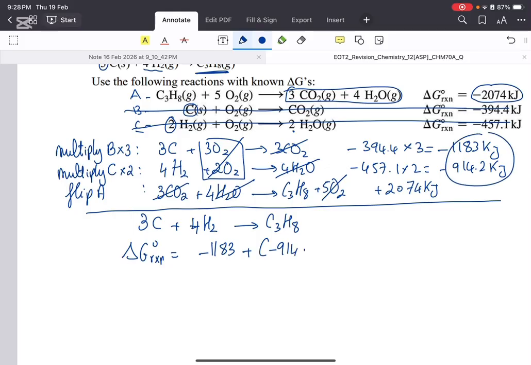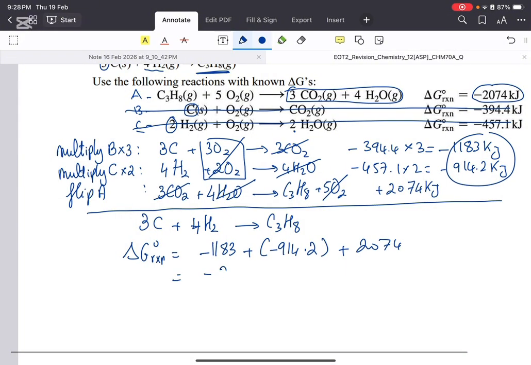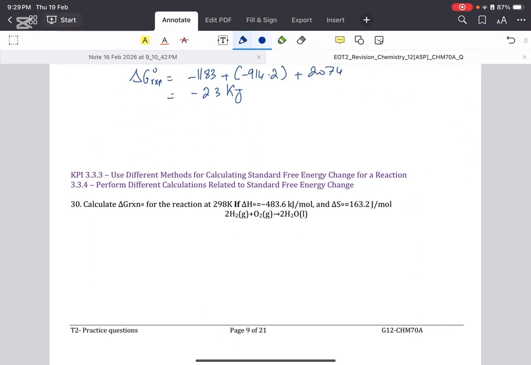I'm going to take those numbers. So the final answer is going to be negative 23 kilojoule.